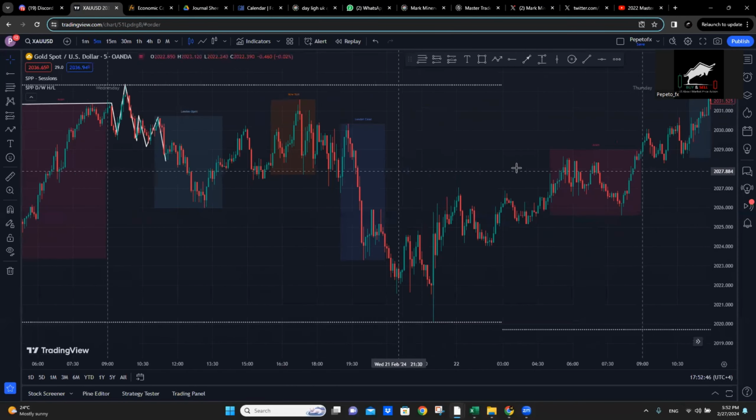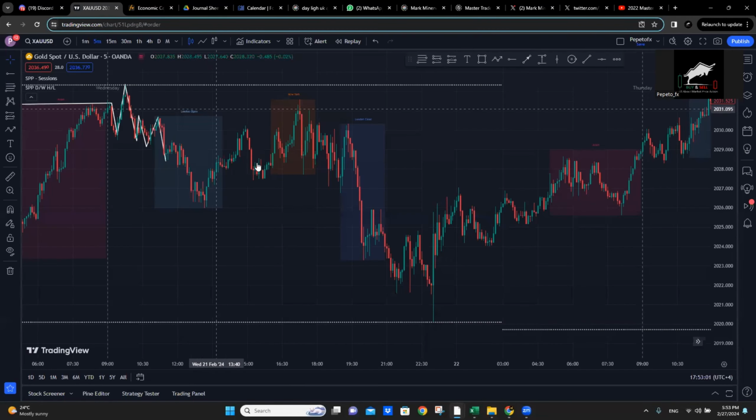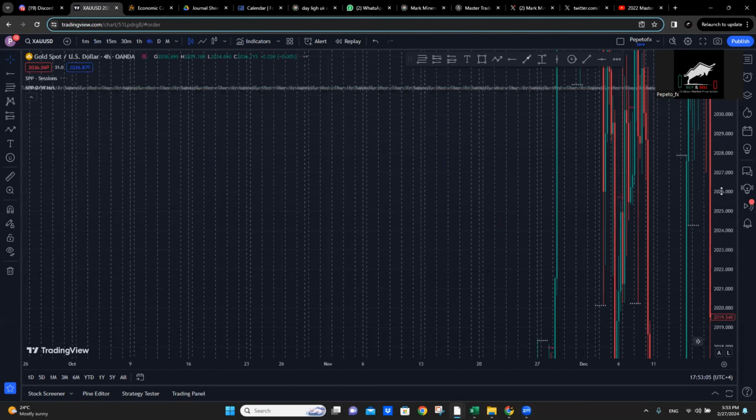Okay. So far it is clear how to trade session highs and lows. How to validate the entry confirmation, I just explained. How to validate higher time frame S&D, order block, breaker block, liquidity. See guys, on higher time frame, minimum is 4 hours plus.